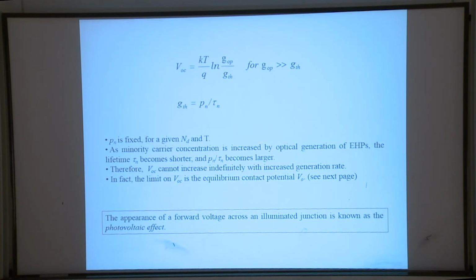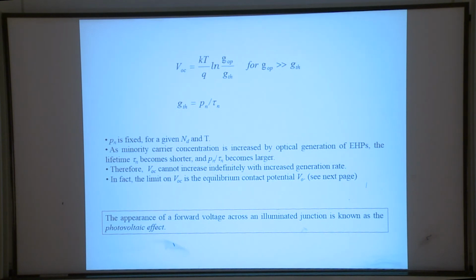Okay. But it's no big deal, because what I want to talk about is there's a limitation. VOC cannot increase definitely. So this equation only works when the illumination rate is not that high. If you use very high generation like the sun, then pretty much your highest voltage is the same as the band gap of the semiconductor.